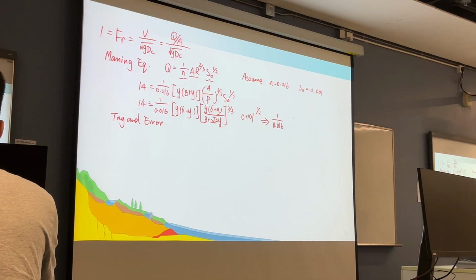Is it necessary? But it's also fine. We can combine y(6 + y) power 5 over 3, and then (b + 2 square root 2 y) power negative 3 over 2, and times 0.001 power 1 over 2. Subtract 14 equal to 0.